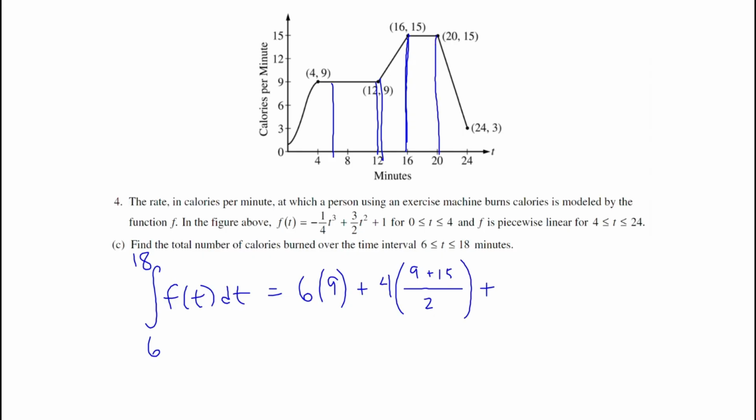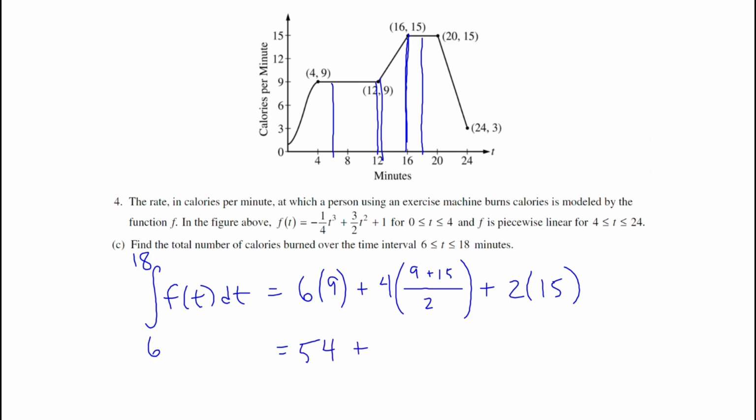Then we'll do this rectangle, which is 4 by 15. Well, how far are we going? We're going to 18, so actually we're not going to go all the way to 20. We're just going to go to 18 here. So 16 to 18 is 2, times the height of 15. Now we just need to figure out what this is.